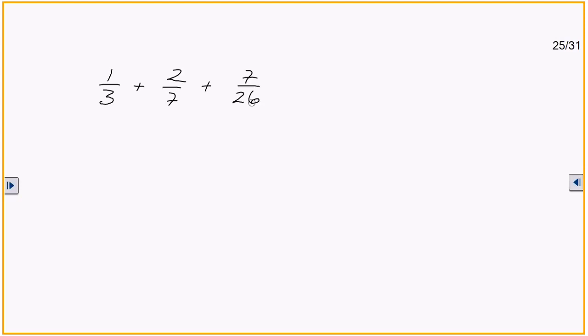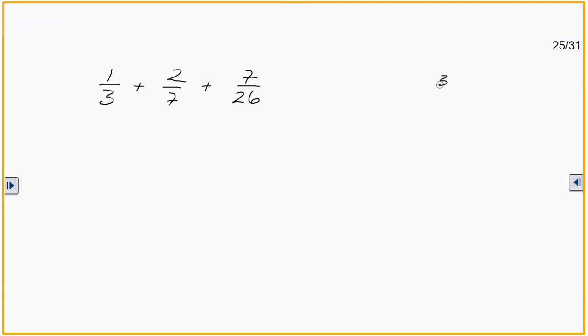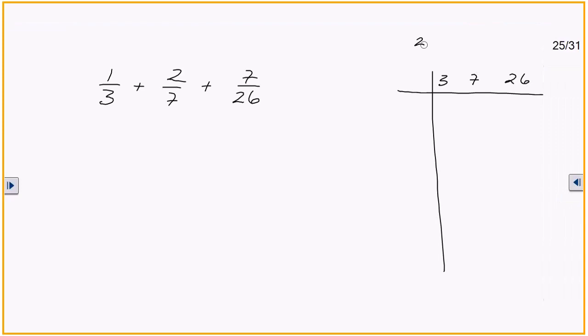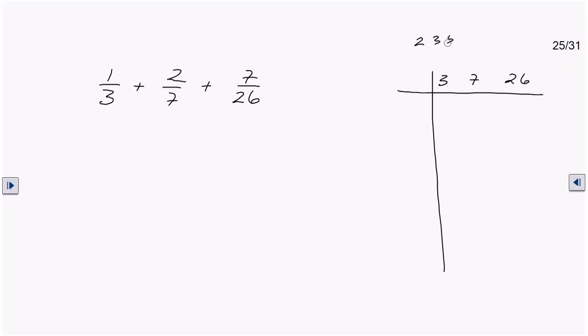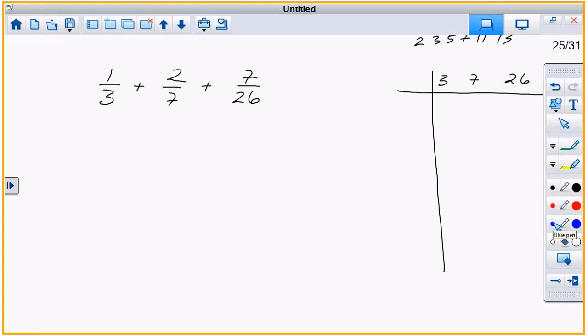So you go over here and you write 3, 7, 26. I only care about the least common multiple, so I'm just going to use blue. 5, 7, 11, sometimes 13. I'm going to go to get my ones. I really don't see anything that's divisible into any of them because 7 messes that up and 3 does too.